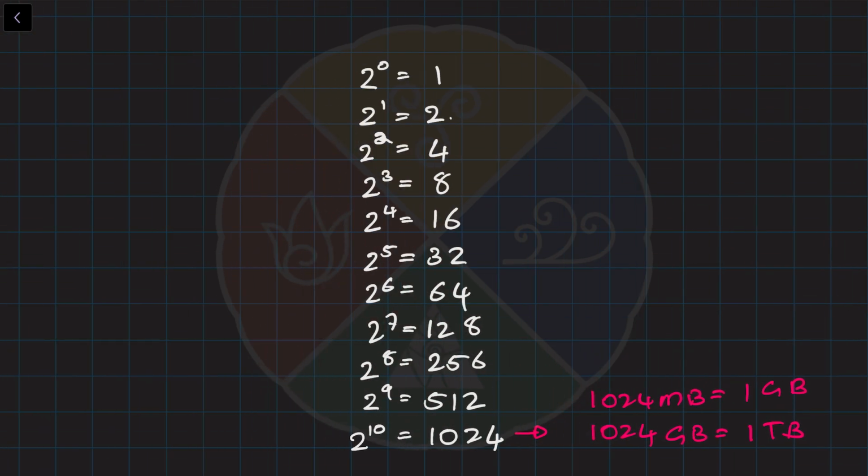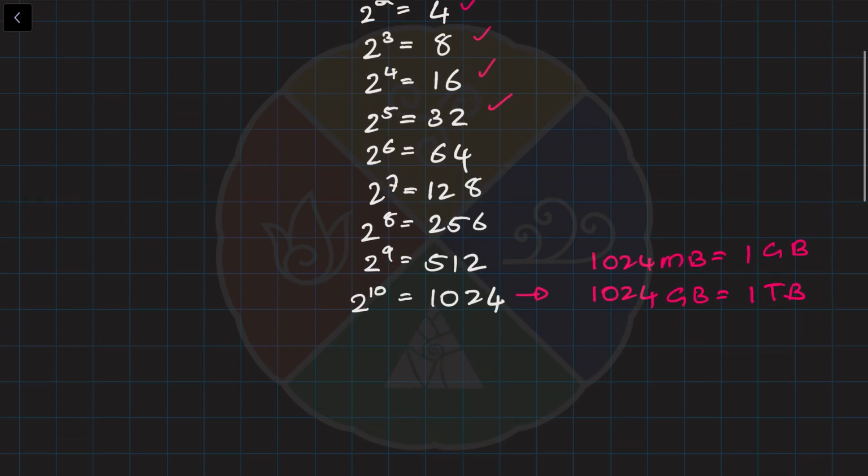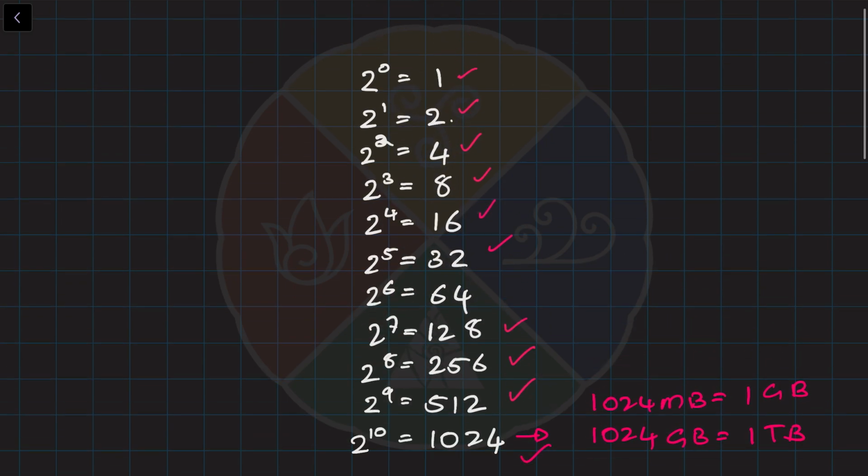The RAM or the memory which you buy in your phone, or even pen drives, used to come in 1 GB, 2 GB, 4 GB, 8 GB, 16 GB, 32 GB, etc. Even the hard disk which you buy will be like 128 GB, 256 GB, 512 GB, 1024 GB. See, this is very much important to know.